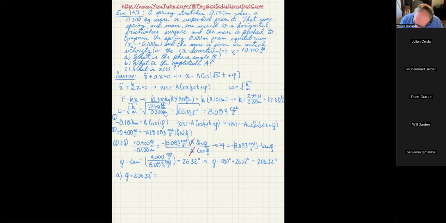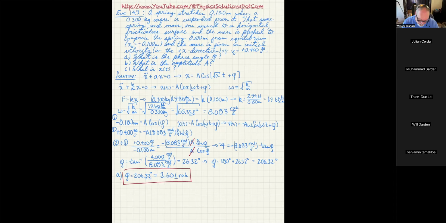So I'm going to take the 206.33, multiply that by 3.14159 radians, and then divide that by 180 degrees. So I got 648.204 divided by 180 is equal to 3.601. So this is 3.601 radians, and that is our phase angle.